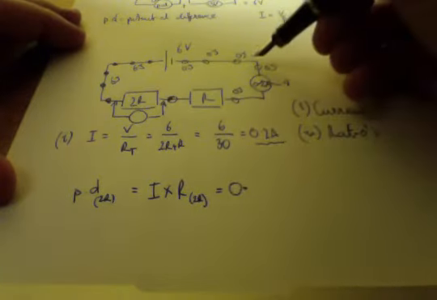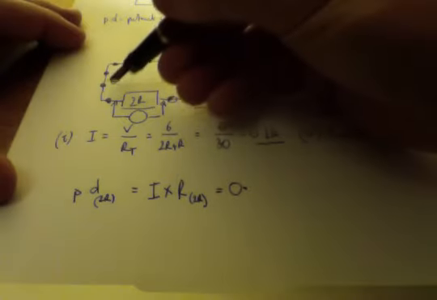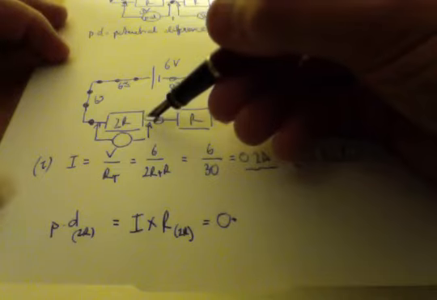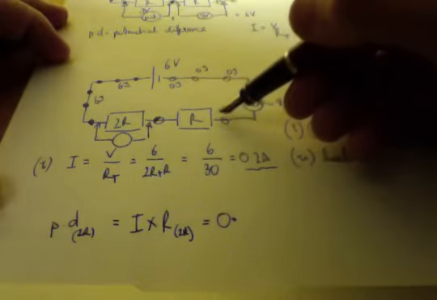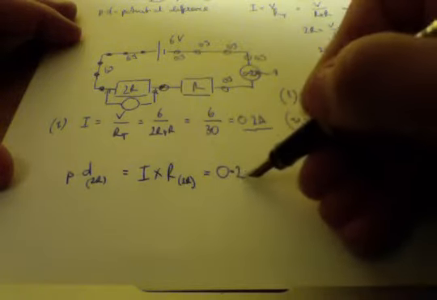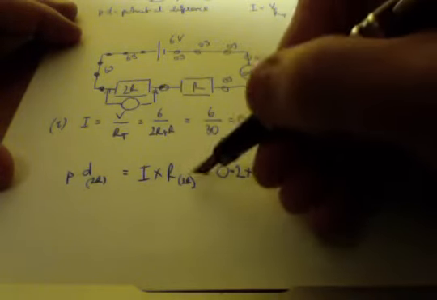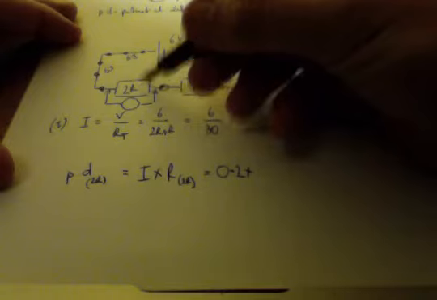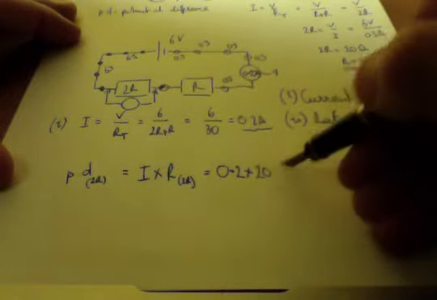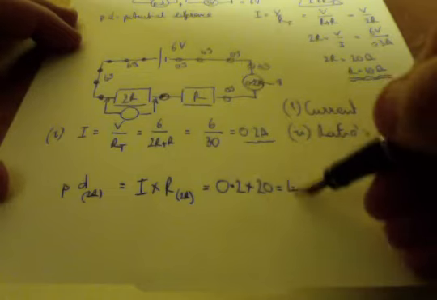Because remember, the current is always the same in a series circuit, so the same current flows through this 2R resistor as flows through the 1R resistor. So let's follow that through. Current is 0.2 amps multiplied by, well, I know R is 10, so we've got 20, and that gives us 4 volts.